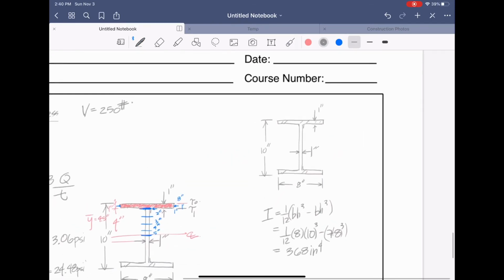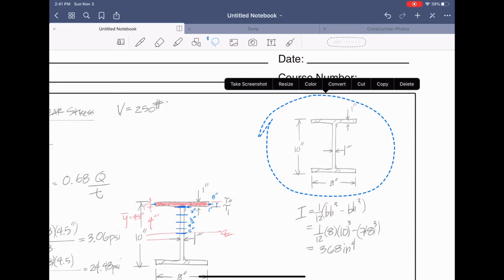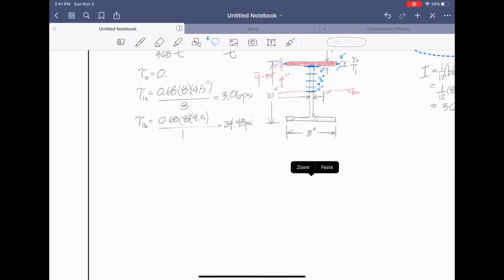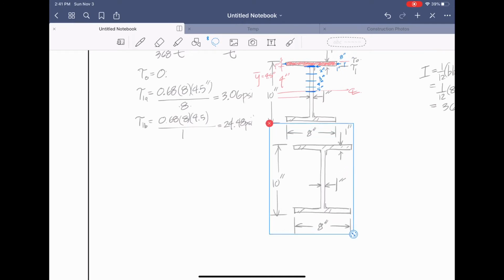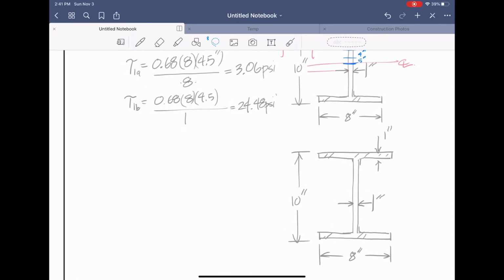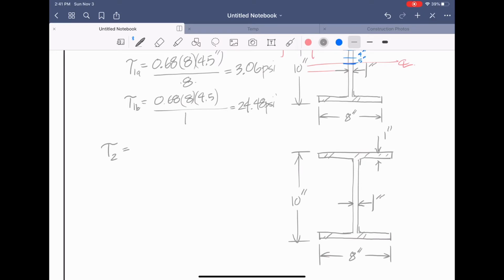What I'm going to do is copy and paste. We're going to now solve for tau at 2 inches. Where's that located? Here's 1 inch. Here's 2 inches.